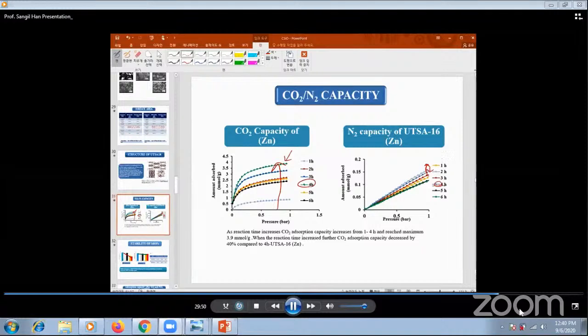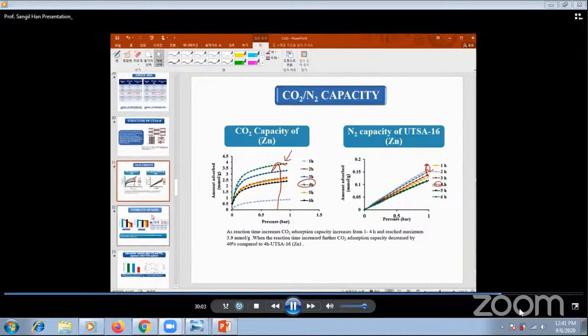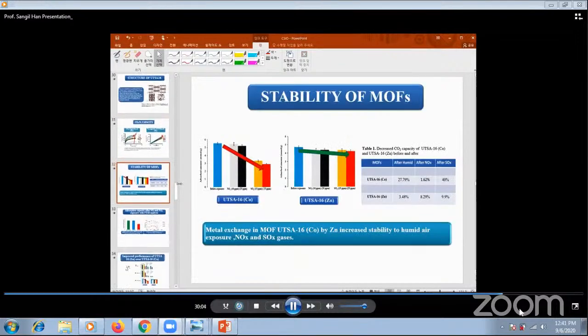Even at 4 hours, the surface area and pore volume are still increasing. This gives us better CO2 and nitrogen adsorption selectivity, as well as high CO2 capacity.